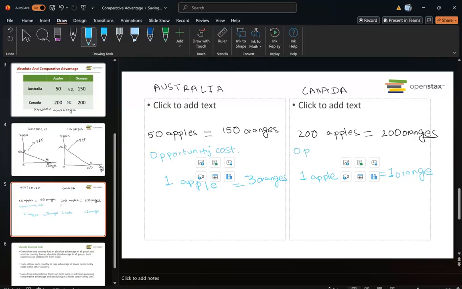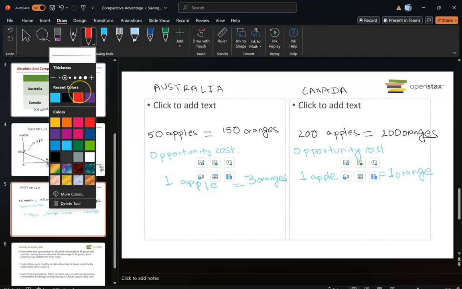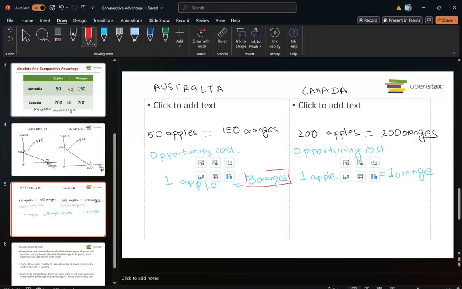This concept of opportunity cost means if I'm doing something, what I can't do. For the Australian economy, if they're producing one apple, they have to sacrifice, or cannot produce, 3 oranges. For the Canadian economy, they have to sacrifice one orange only to produce one apple.